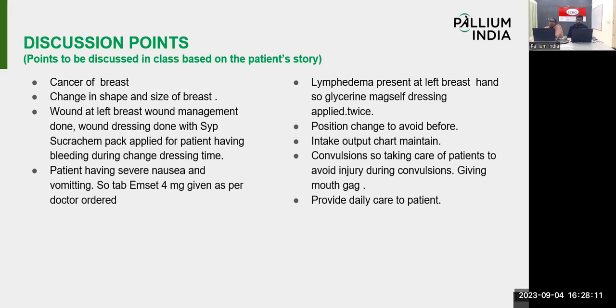Because of that, the patient can develop severe constipation, and nausea, vomiting, and brain mets are also there. So you have to identify the cause first and then treat the symptom.